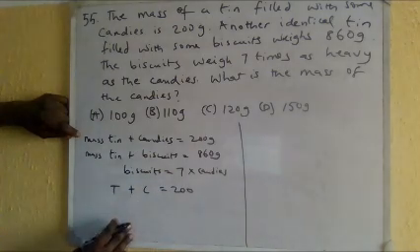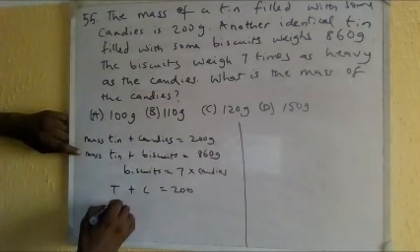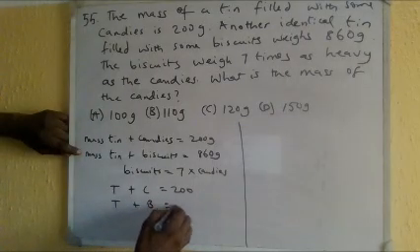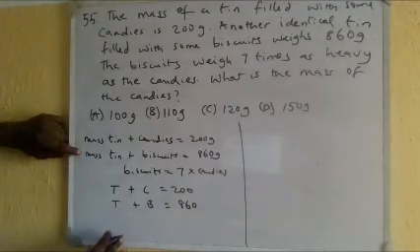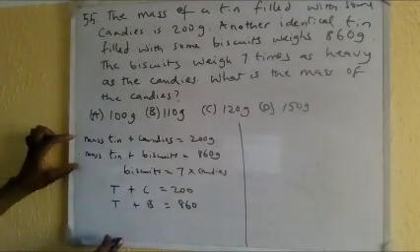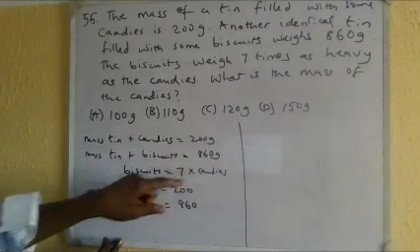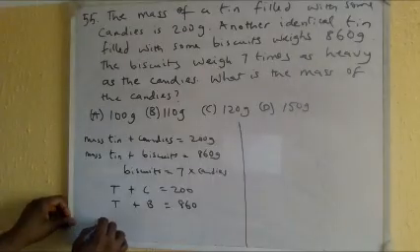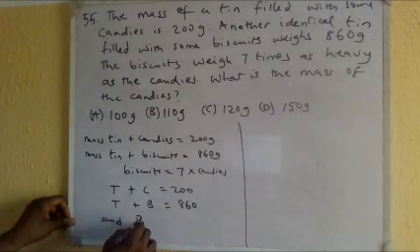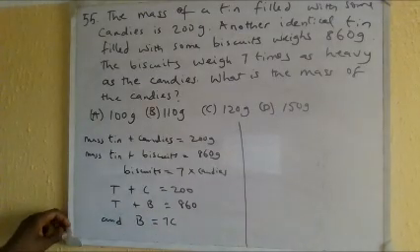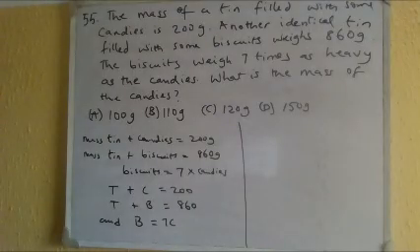Second one, mass of the tin T plus biscuit B will give me 860. So this is the first equation. This one now, they say biscuit is equal to 7C. So B, which is biscuit, is equal to 7C. Okay, so now I have 3 equations here.